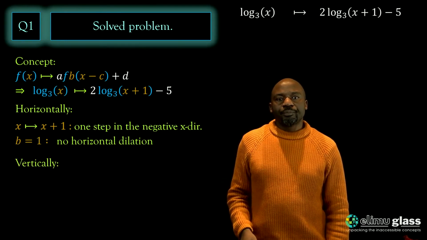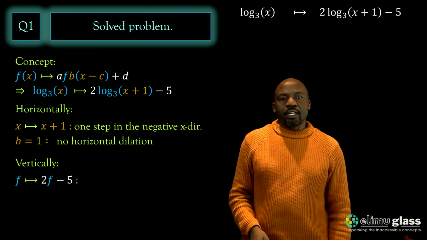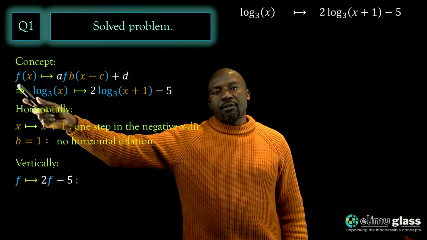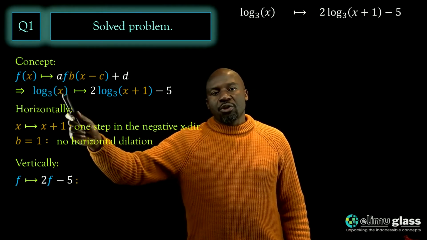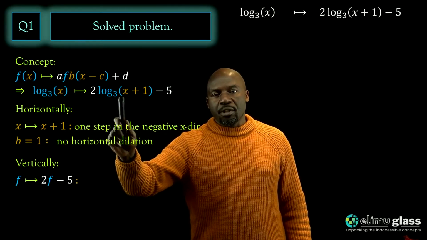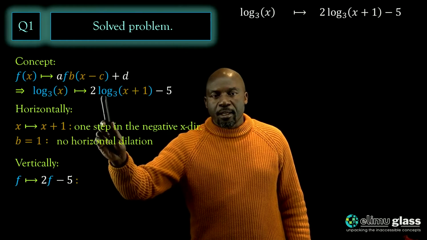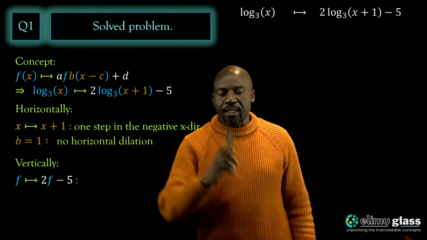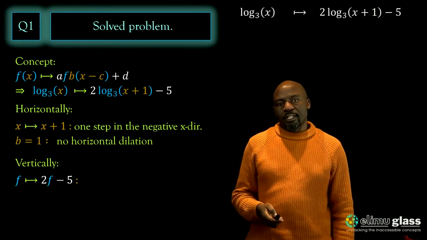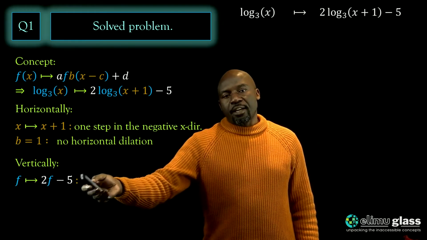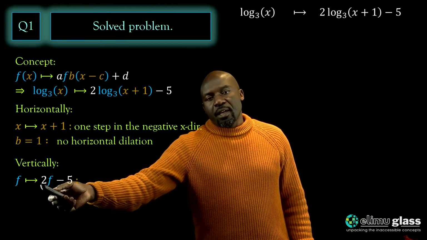What about vertically? We can see that the original function becomes twice the function minus 5. This is telling me that in the vertical direction, the graph is stretched.